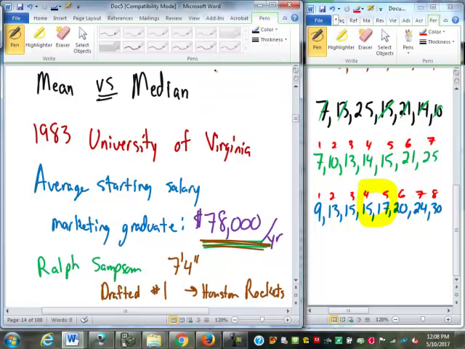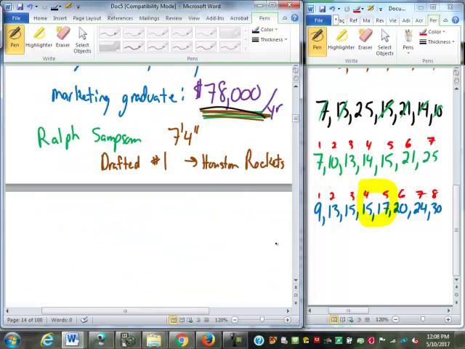Well, it takes a lot of $20,000 marketing graduates to average out that multi-million-dollar contract to $78,000. In fact, Mr. Sampson was the only one in that group of graduates to make more than $33,000 that year. This was obviously a mean here. So his one really, really large salary really changed the number.